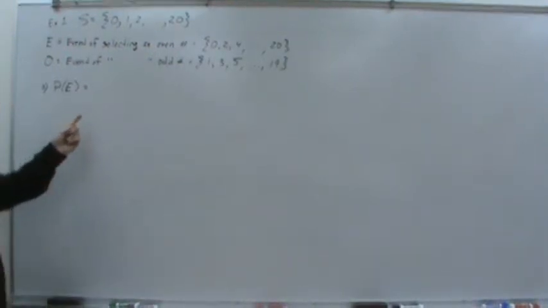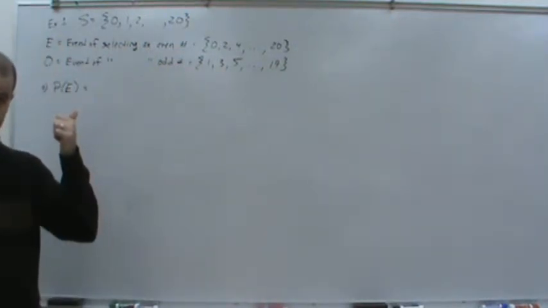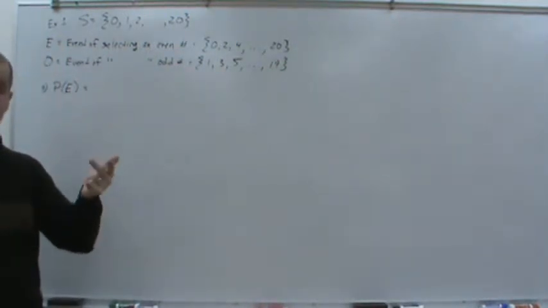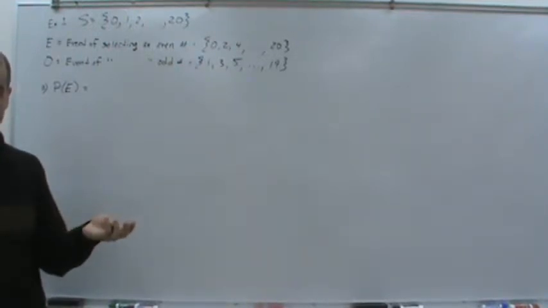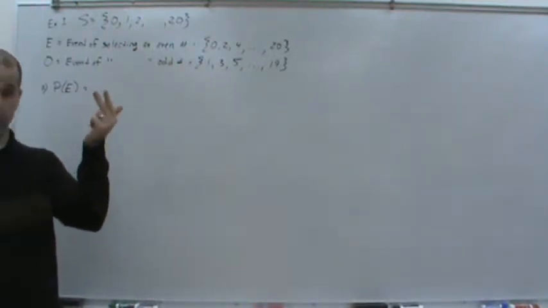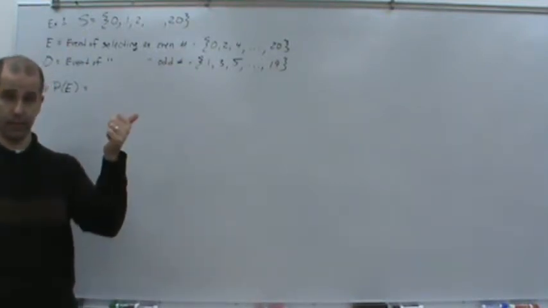That's all the even numbers: 0, 2, 4, 6, all the way up to 20. Well, how many? We know out of 20 there's going to be 10 of them, right? 0, 2, 4, 6, 8, 10.